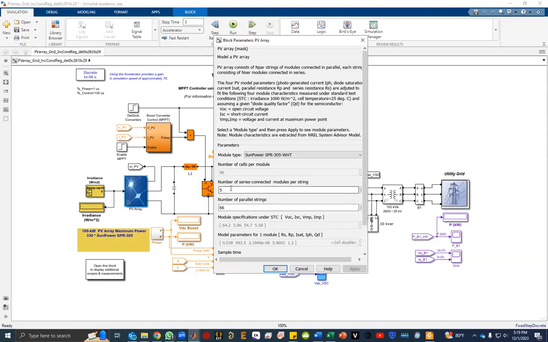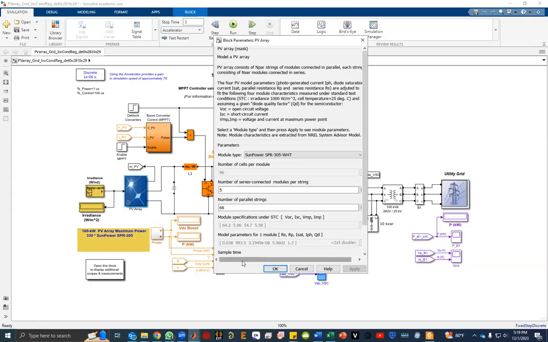What does it mean, series connected? Let me give you an example. If this is one module, there are cells. When we buy solar panels from a vendor, they give us a module.